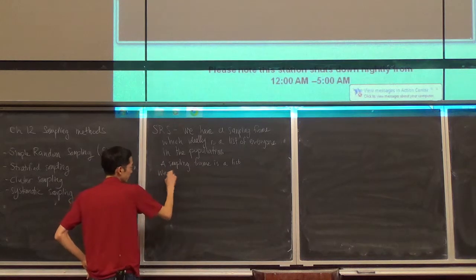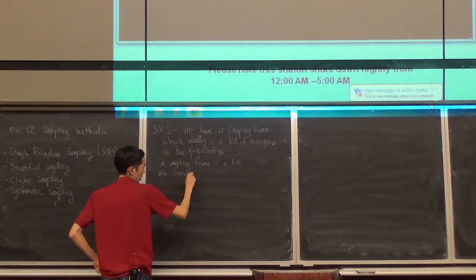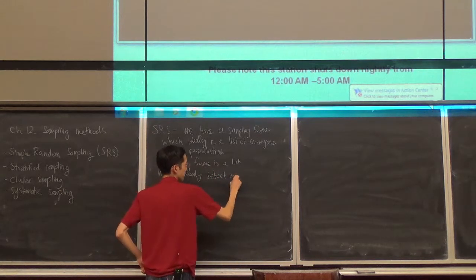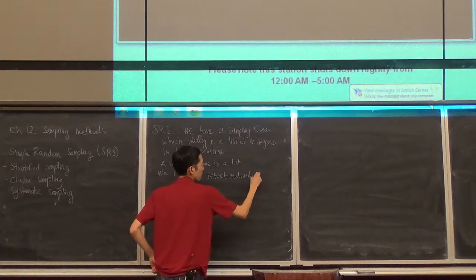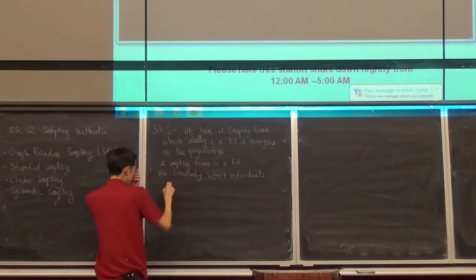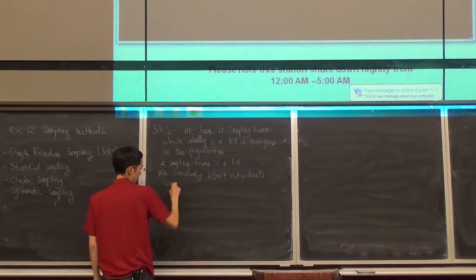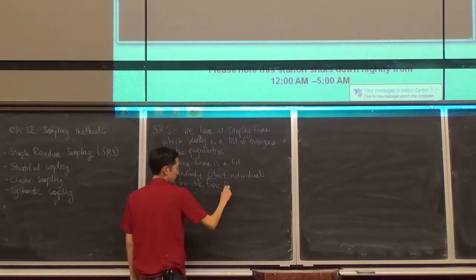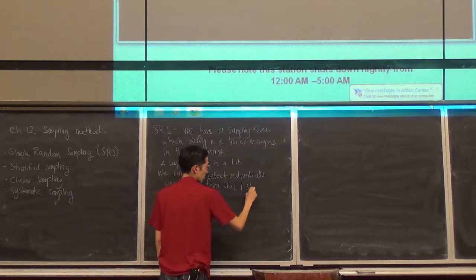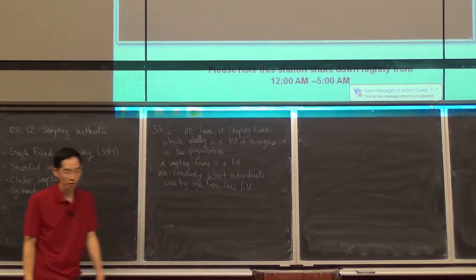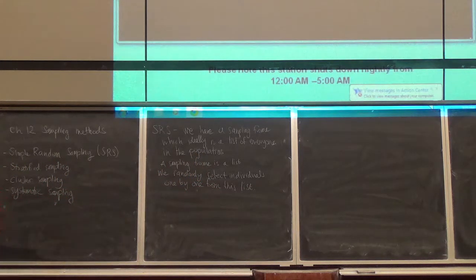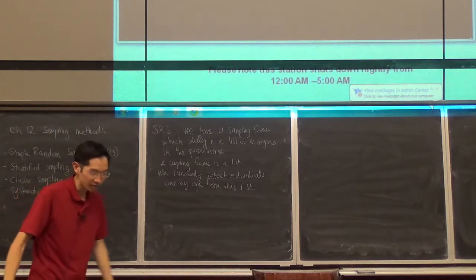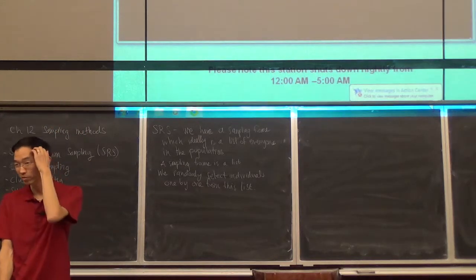And we randomly select individuals one by one from this list. The key distinguishing thing for simple random sampling is that you have a list of everyone in the population.